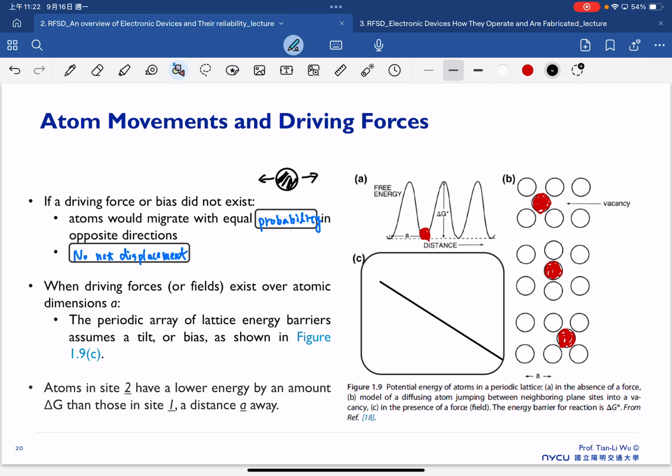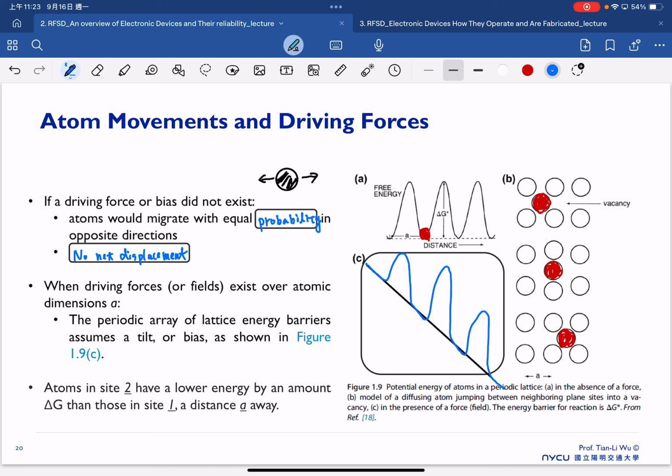once we apply the electric field, definitely this will change something in this energy barrier. So now our free energy barrier will become like this.